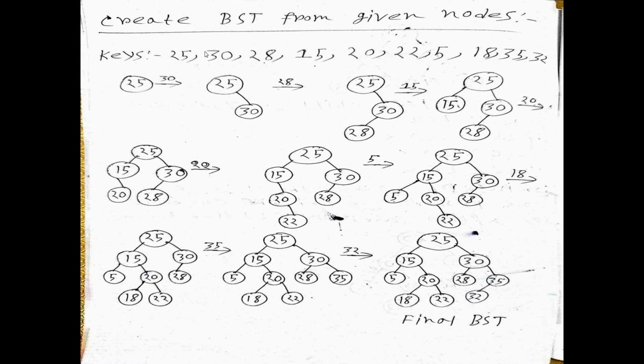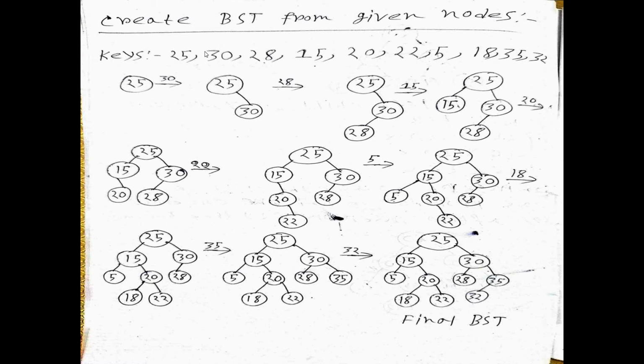Now, if the element is smaller than the root, the element becomes the left child, so go to the left subtree. If the element is larger than the root, that means the element becomes the right child, so go to the right subtree of the root. This is the rule.